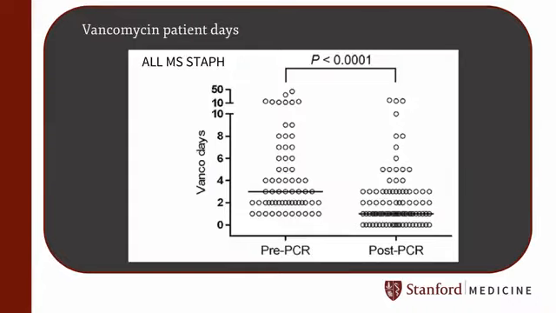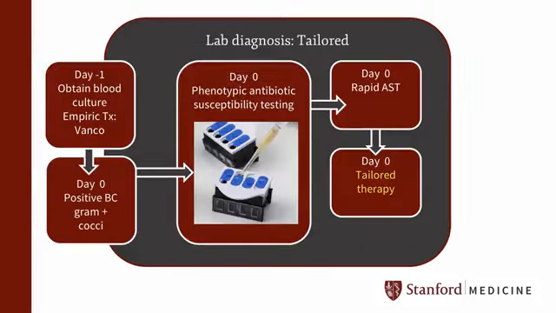In fact, this is what we and others have found when mecA PCR for detection of methicillin-resistant staph is provided on positive blood cultures. Just by reporting methicillin result at the same time as identification result, we could reduce the time to vancomycin replacement and reduce vancomycin therapy and shorten time to patient discharge.